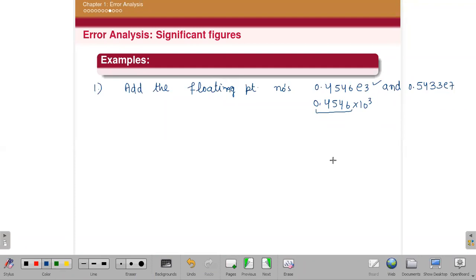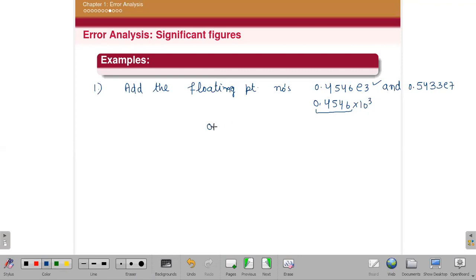So how to add these two numbers? There is no problem with the mantissa, you can add the mantissa, but here you can see your exponent is not the same. So you have to make your exponent the same to add two numbers. Either you make it 7 or you make it 3. I'm making this a 7.